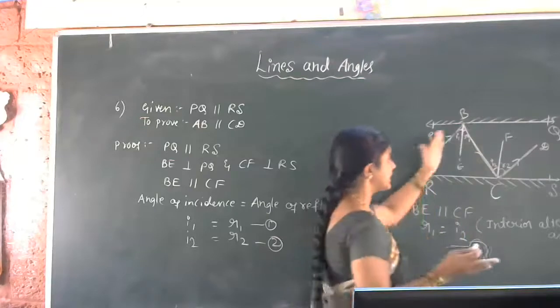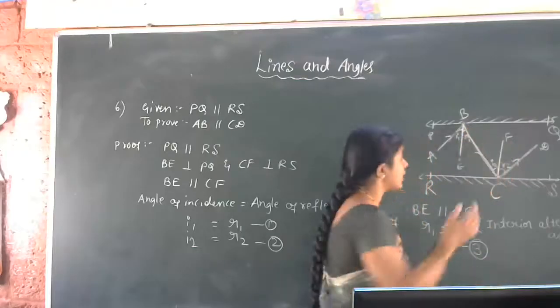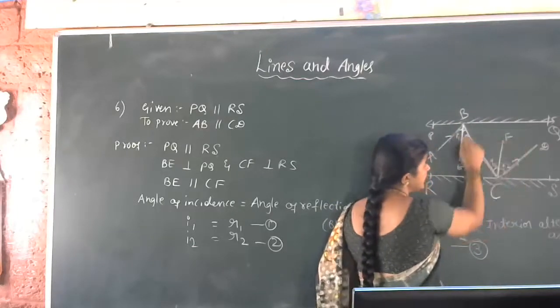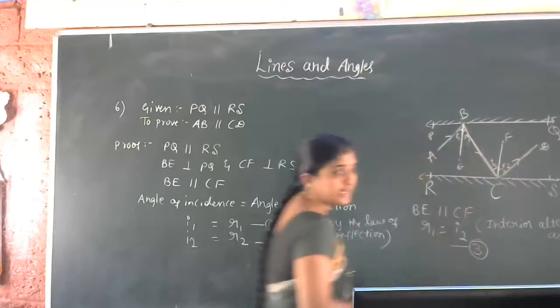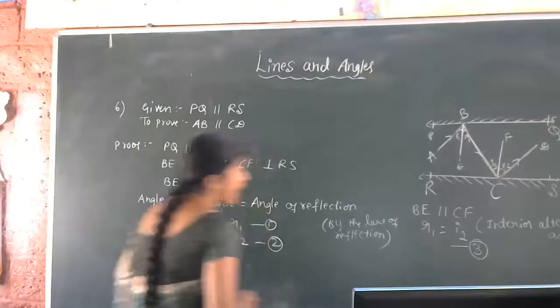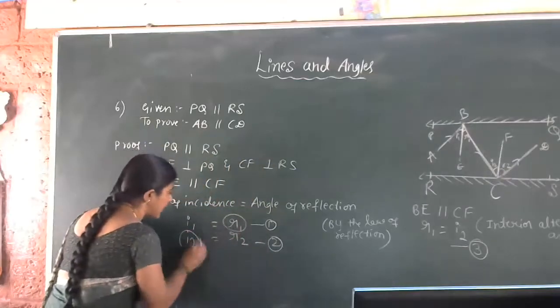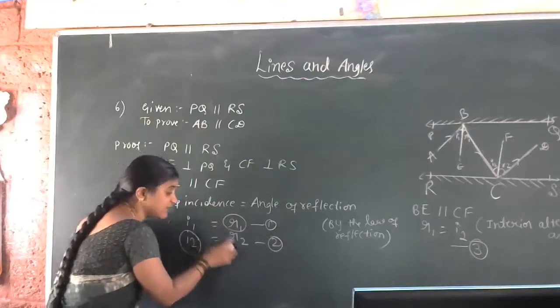So I1 is equal to R1, I2 is equal to R2. Next, according to that condition BE parallel to CF, we got the Z-shape angles, that is R1 is equal to I2. Now compare equations 1, 2 and 3. R1 and I2 are equal, which means I1 is equal to R2.